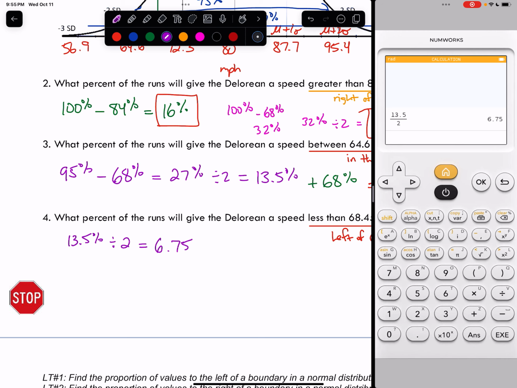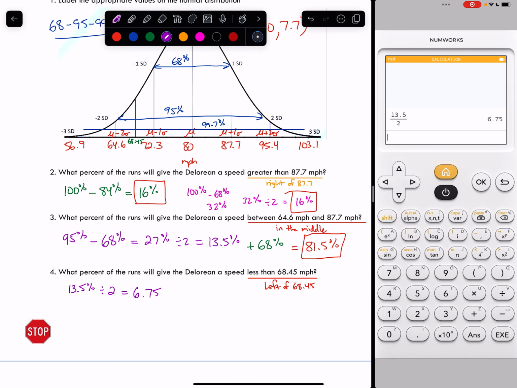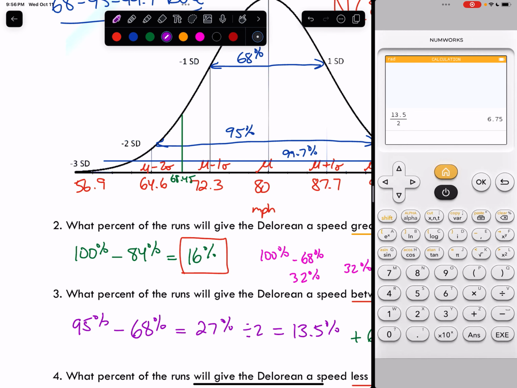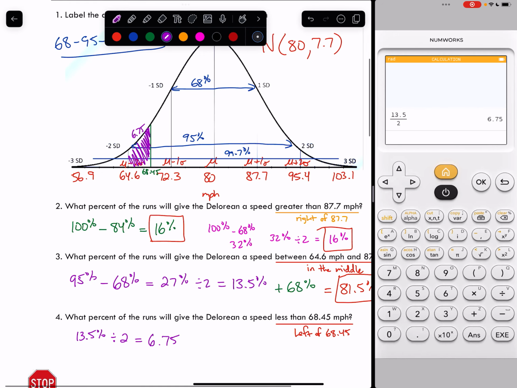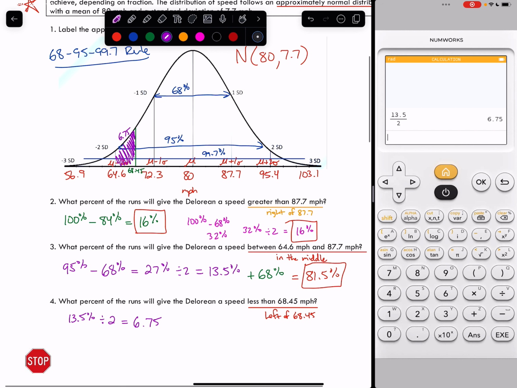Cool. So 6.75. And so that means that we're going to use that for this section here. And then we still need to figure out, okay, well, what is the rest of this, right? All the way out from -2 to the end.